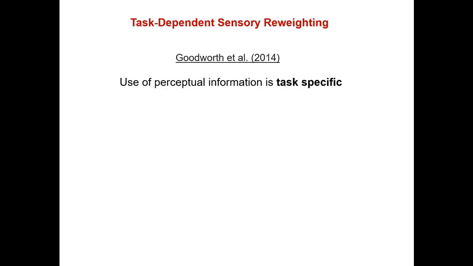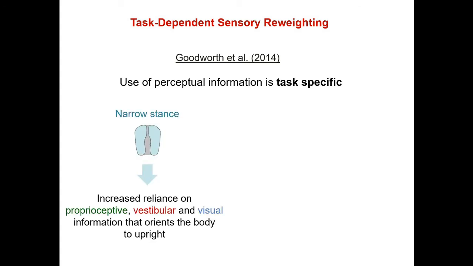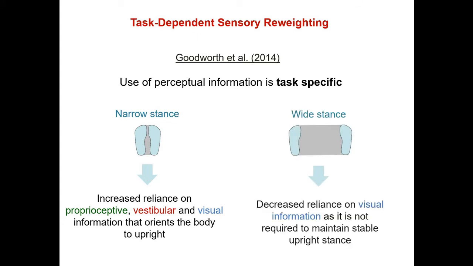Research by Goodworth shows that the use of perceptual information to regulate balance is task-specific. When Goodworth had participants stand with a narrow stance, he observed that there was a strong reliance on proprioceptive, vestibular and visual information to orient the body to upright. In contrast, when participants adopted a wider stance, there was a decreased reliance on visual information.